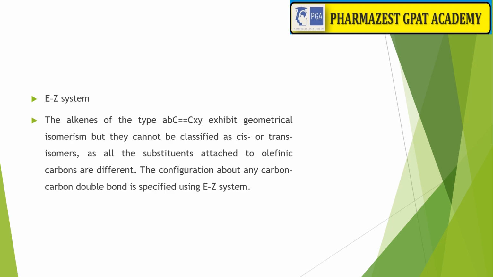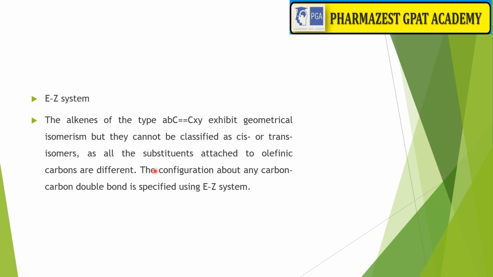Next, coming to the EZ system, that is the entgegen and zusammen system. The alkenes of the type AB C double bond CXY exhibit geometrical isomerism, but they cannot be classified as cis or trans isomers as all the substituents attached to olefinic carbons are different. Okay, in cis they should be identical atoms.